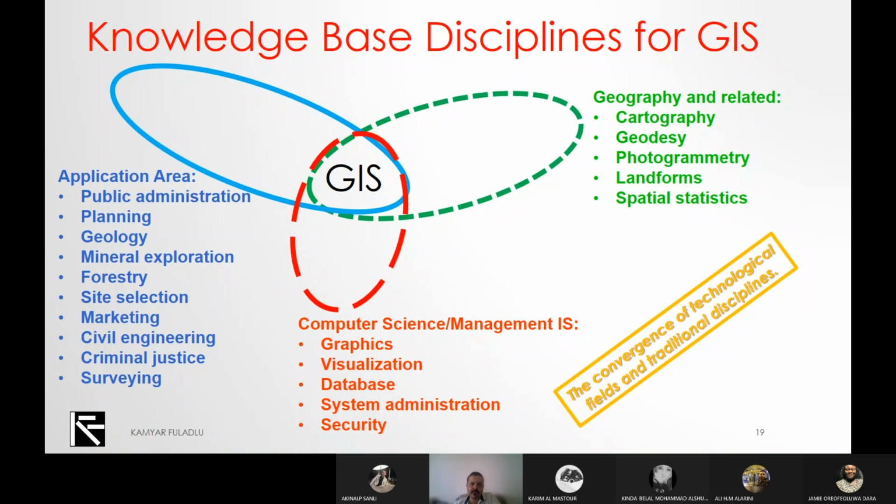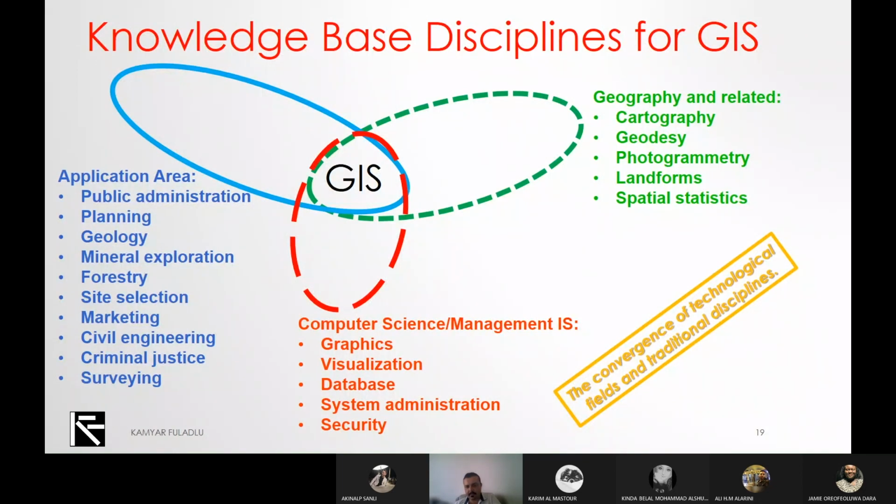In terms of geography and related disciplines, we have cartography, geodesy, photogrammetry, landform, spatial statistics, etc. In terms of application areas, we have public administration, geology, planning, mineral exploration, forestry, marketing, civil engineering, surveying, criminal justice, and site selection.